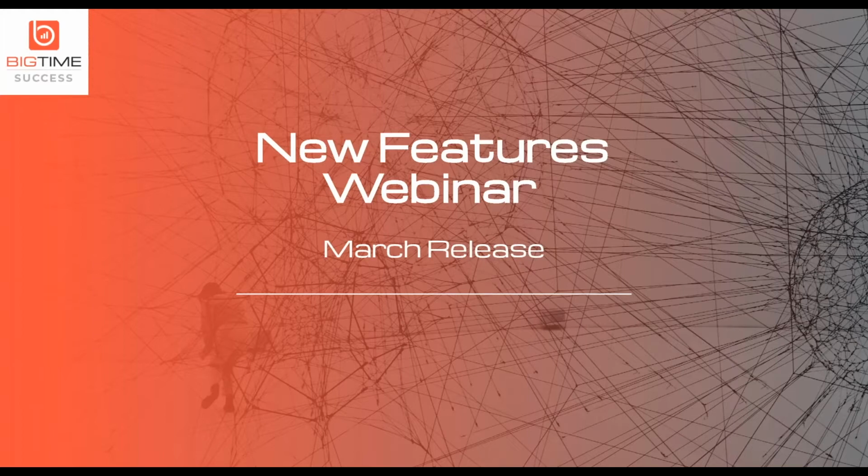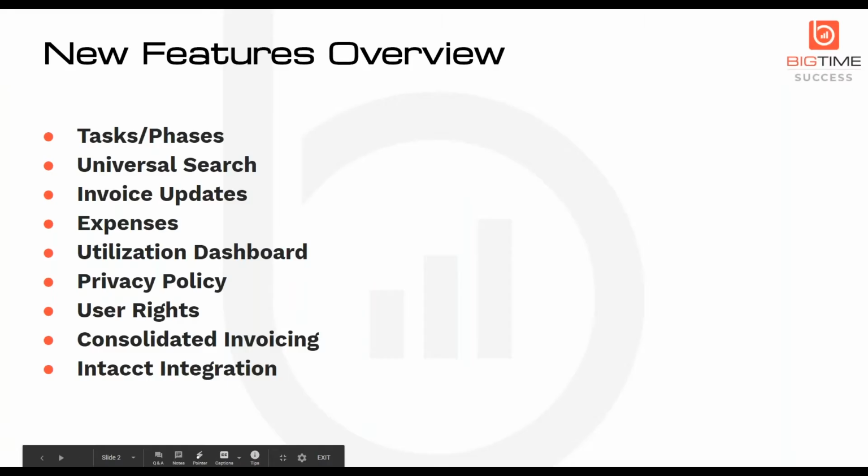Okay, so let's begin. Let's get into a brief overview of what will be included in today's webinar. There's a lot of smaller features that were included in this release. There were some updates in regards to tasks and phases. There's a universal search that was added.